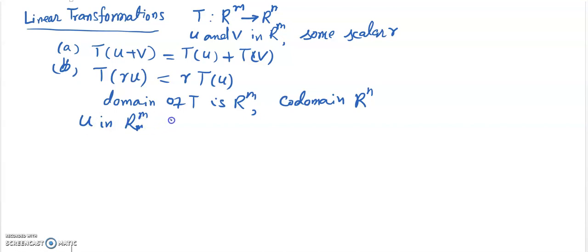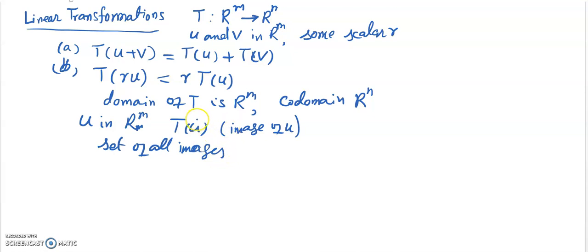The set of all those images will be called the range of T, represented by range T. So this is a kind of abstract theory about it.